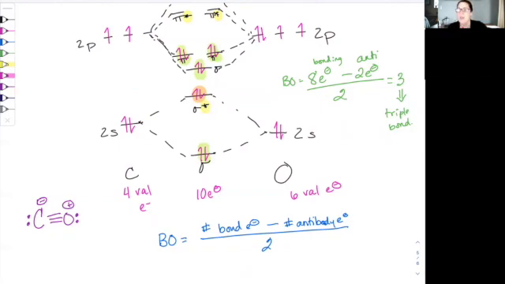Go ahead. I think Catherine, you were saying something. I was gonna ask, if you had a molecule with more than just 2 atoms in it, do you have to do this for each separate bond in the molecule? Oh, that's a really good question.